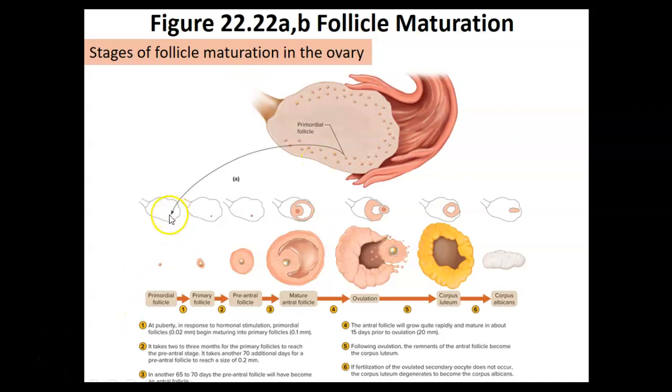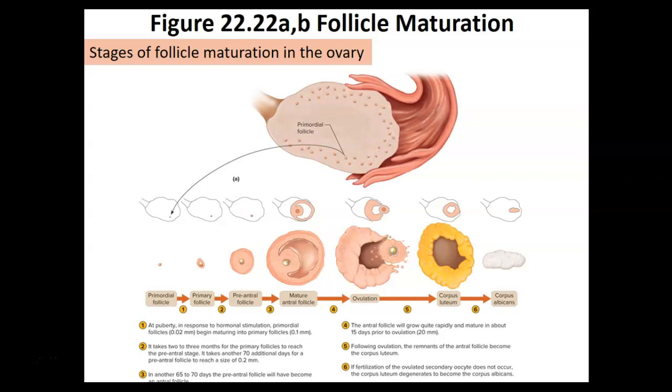All right, so a primordial follicle is selected. One random primordial follicle is selected. It then becomes the primary follicle. And then as it grows, notice the changes that are occurring. It's getting bigger and bigger. So it's going to become something called the preantral follicle. And basically it takes 2 to 3 months, so you're talking 60 to 90 days for the primary follicles to reach the preantral stage.